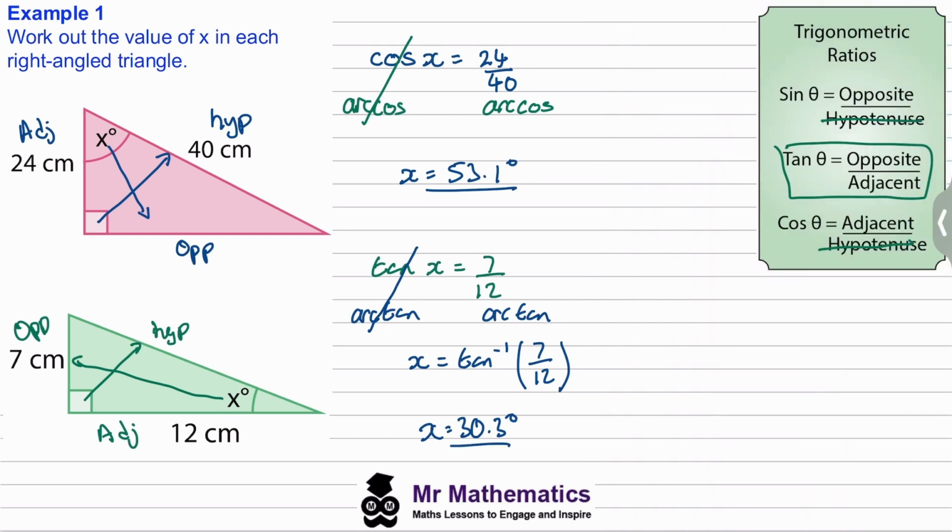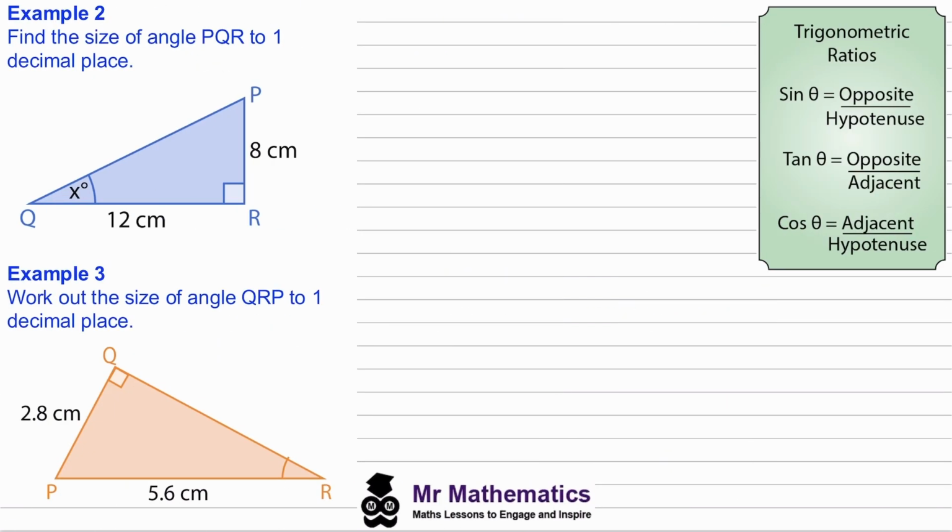Okay? Let's try example 2. So if I work through example 2, and then you can try example 3. So we've got the opposite length, which is the 8 centimeters, and the adjacent length, which is the 12 centimeters. So we don't need the hypotenuse.